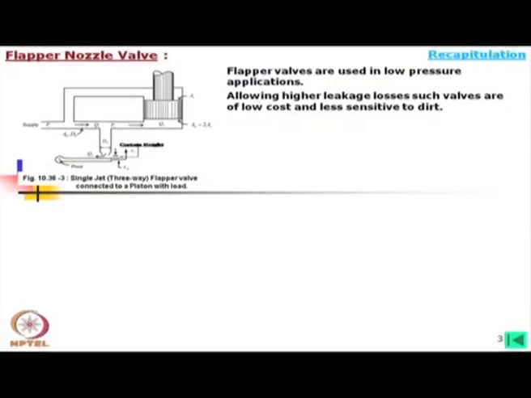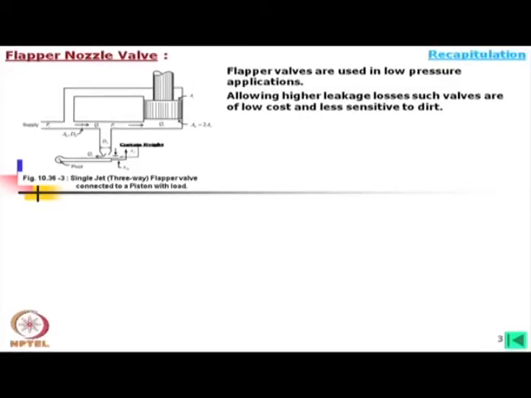Thus controlling this dirt, or if the dirt comes in, breaking it into smaller particles, or removing it, allowing this dirt to go to the other side, all such mechanisms are used to design a very good valve.